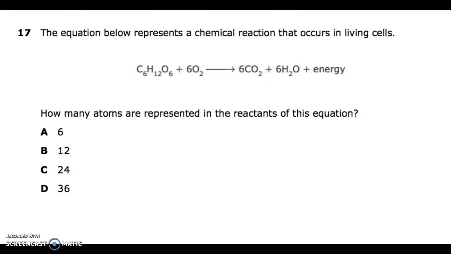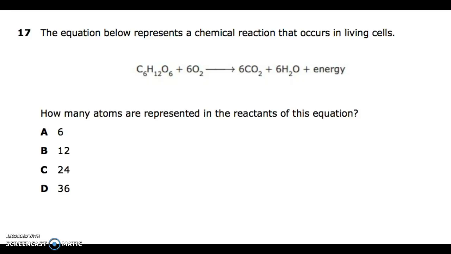Number 17, the equation below represents a chemical reaction that occurs in living cells. C6H12O6 plus 6O2 yields 6CO2 plus 6H2O plus energy.